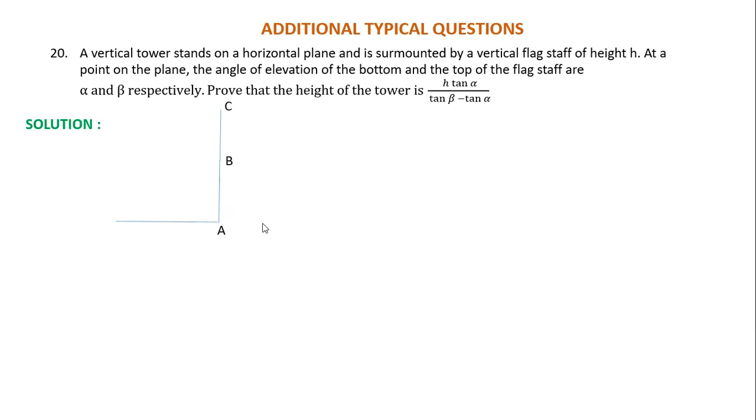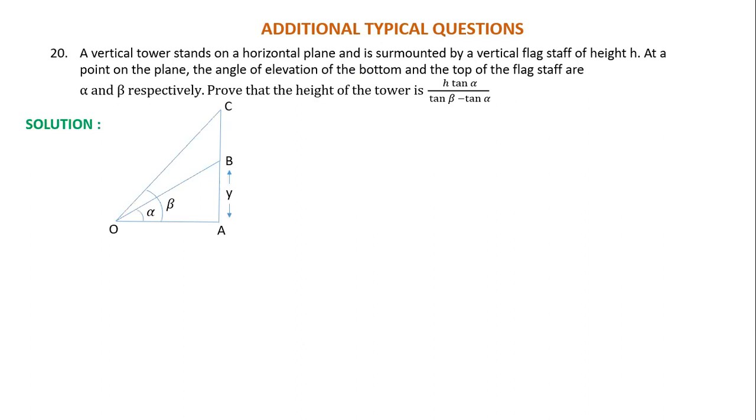This is the ground level. From a point on the plane, O, he looks at the bottom of the flagstaff and measures the angle as alpha. He looks at the top of the flagstaff, the angle is beta.